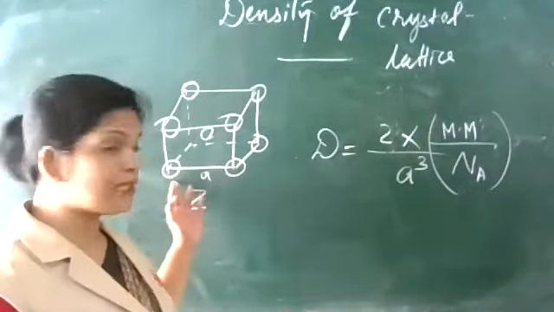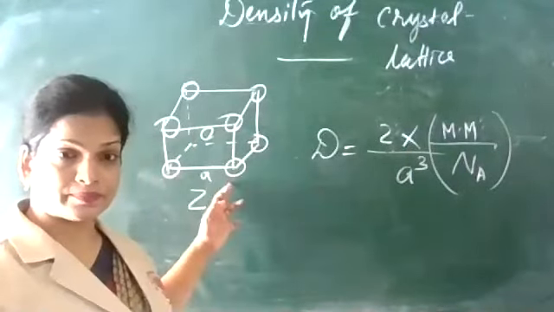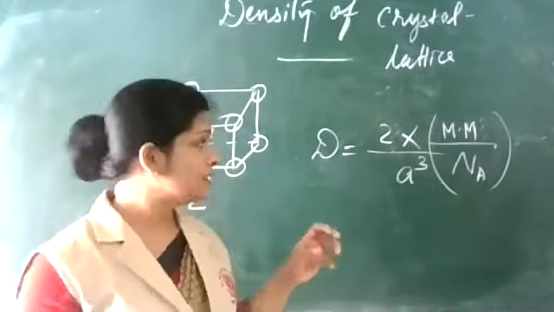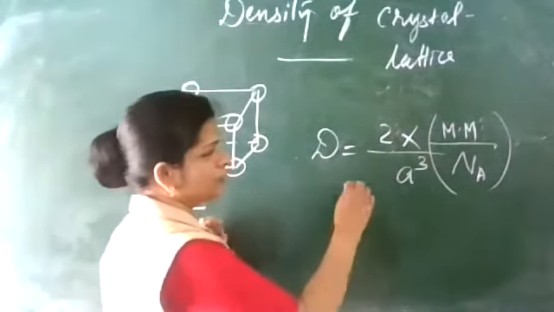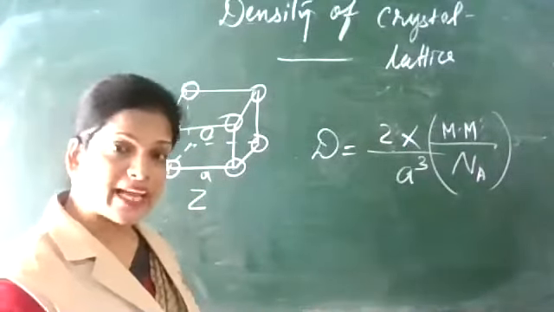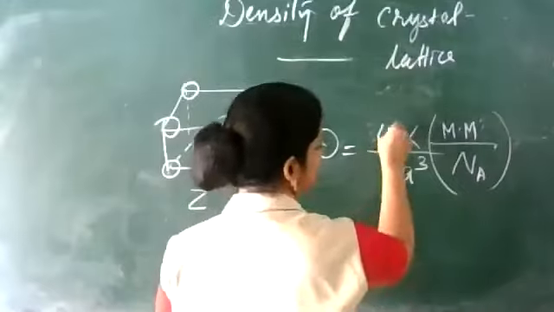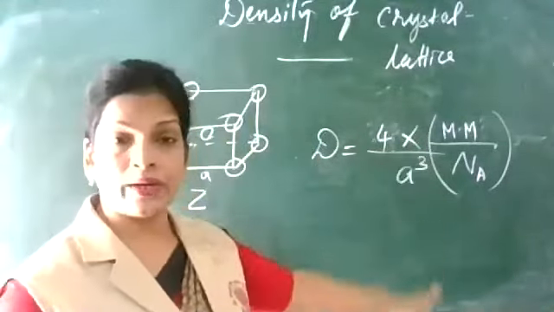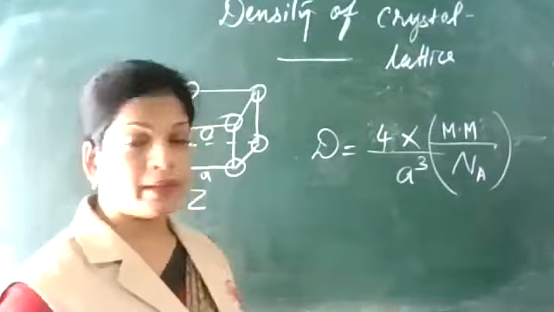And this a is an imaginary distance, the edge length, and we have to consider that volume. So it is 2 into molar mass upon a cube N A. If it is FCC, then 4 into the corresponding molar mass upon Avogadro number divided by a cube.